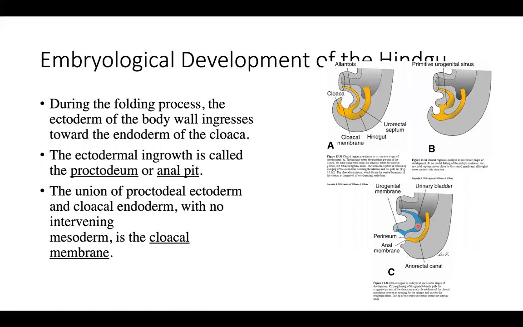So from the mouth, esophagus, pharynx, stomach, small intestine, all these are lined by endoderm early in life. So proctodeum is the future anus, and that's why it's also called the anal pit. It's lined outside by ectoderm, and inside by endoderm. Very simple, but it will rupture, and then that area becomes the anus.